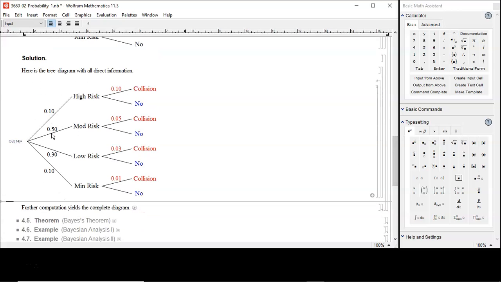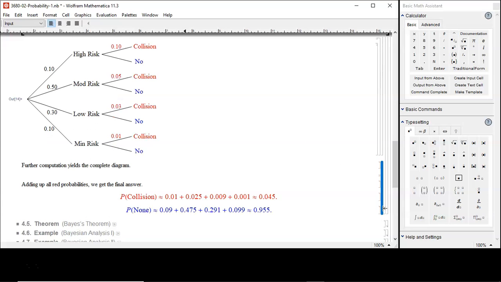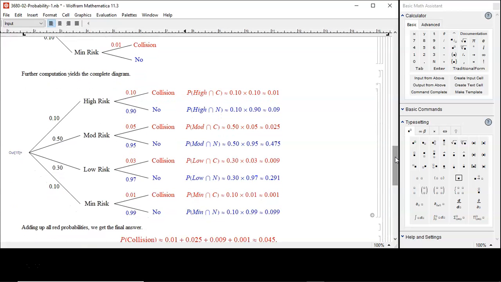So these are the distribution of drivers according to their driving habit: minimum risk, low risk, moderate risk, high risk. And then for each category, we have conditional probabilities of actually getting into collision in 1 month time frame, like this. And here I'm using color coding, red as actual accident and blue as no accident. And then for the computation, now multiplication rule. Oh, no, excuse me. I have to run this to get this picture.